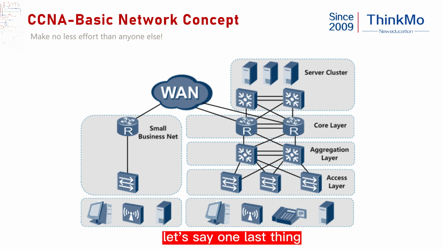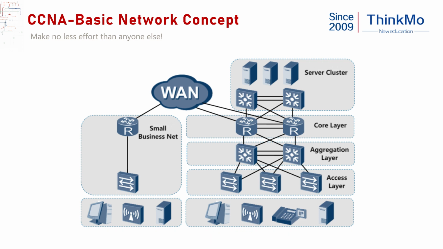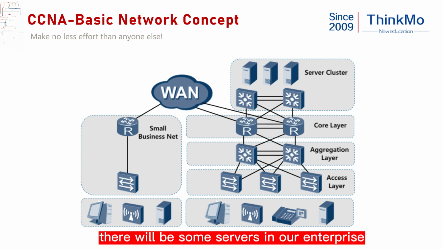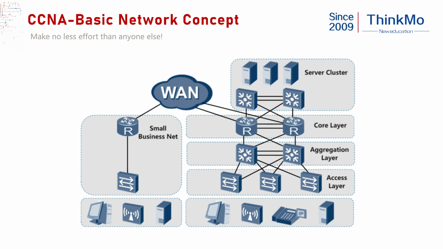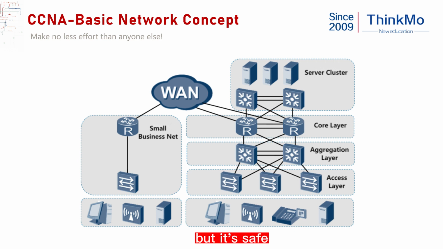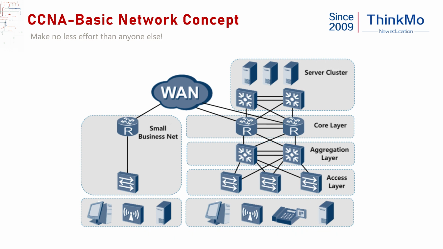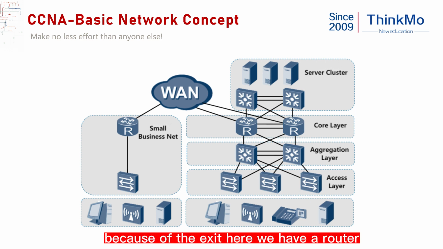Let's say one last thing: the problem with the server cluster. That is, there will be some servers in our enterprise. In the future, we will learn about some security, some trust zones, the DMZ. All of these will be learned in the future. But it's safe, because here a firewall is also drawn. For our current equipment, suppose we also have firewalls here, because at the exit here we have a router.